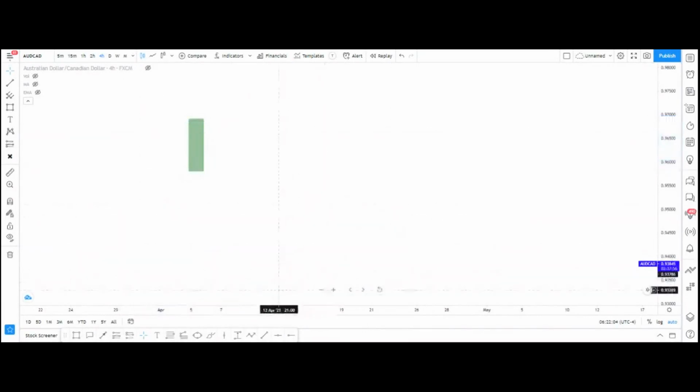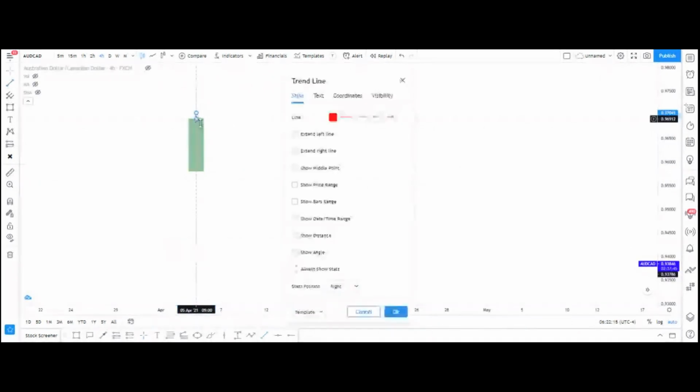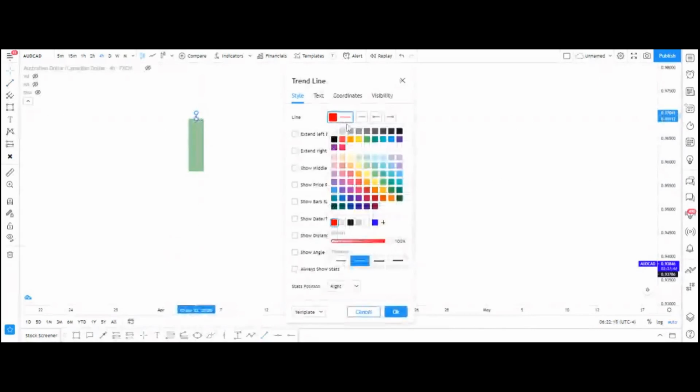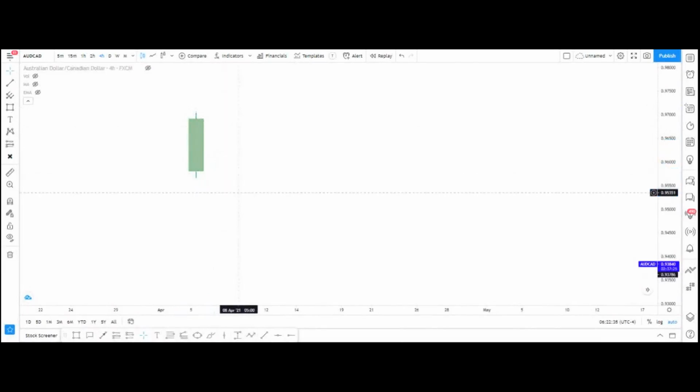Everyone would agree with me that this is a bullish candlestick, right? It's just a diagram trying to explain. So we can all assume that this is a bullish candlestick.